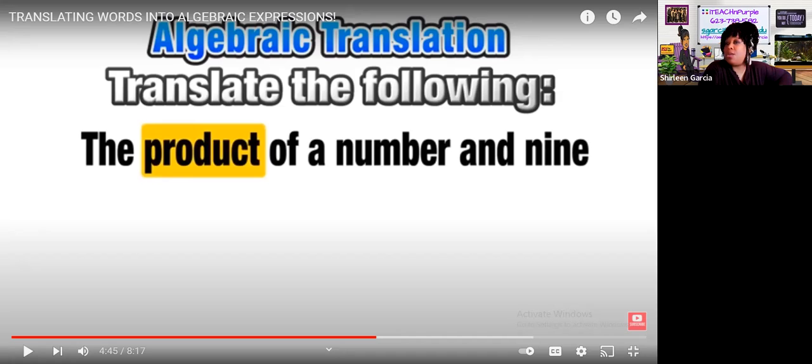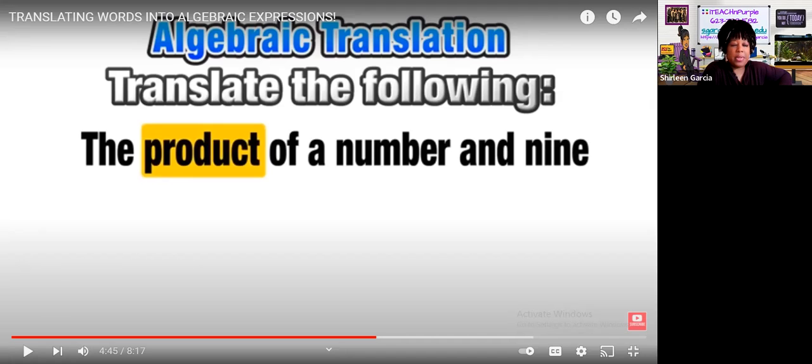You can use n, you can use x, t, y, whatever. 9x multiplied by 9. Okay, so remember when you have a term that has a number next to a variable, that means multiplication.